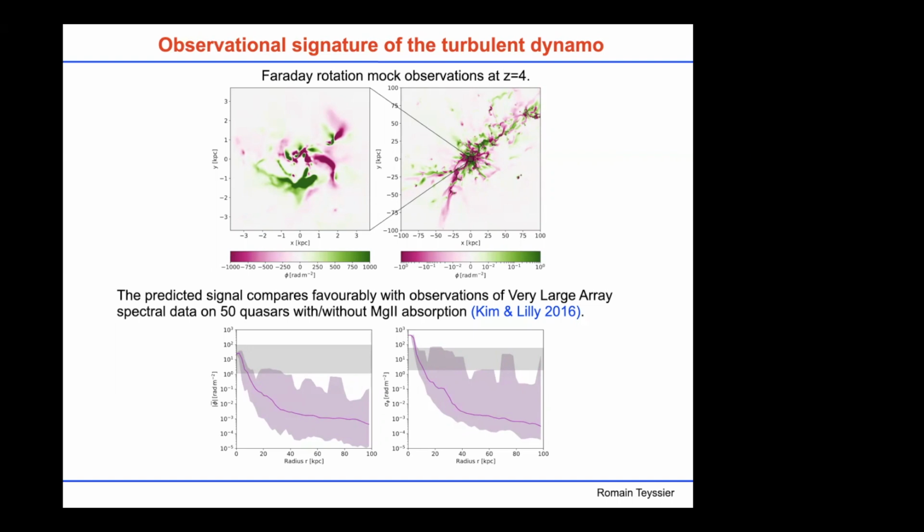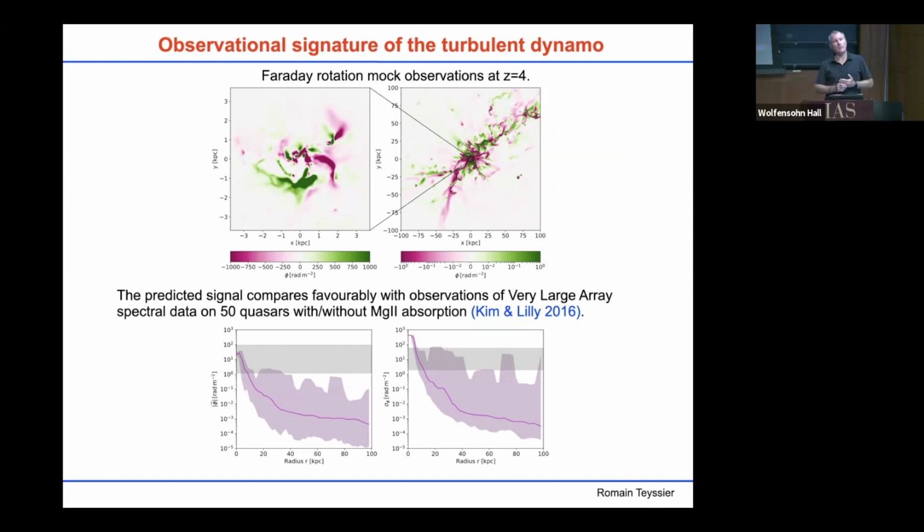I see. The problem with this plot is that we need to make sure we're comparing apples to apples. And the problem is that for those high redshift observations, we don't really know what the halo masses are that this quasar line of sight is intersecting. And of course, if you have different halo masses, you may have different levels of turbulence, different outflow strengths and sizes, and this might change the prediction. Here we only have one halo, which is the one you see in the upper one. And we have one halo profile, right?